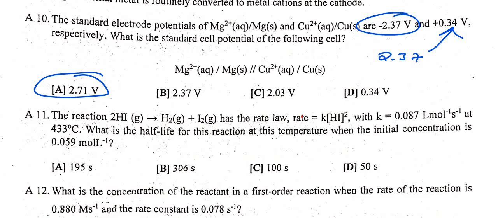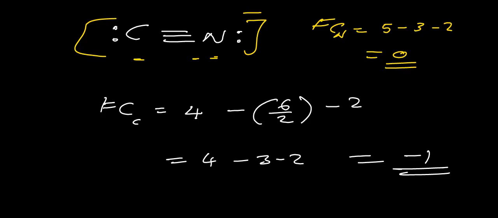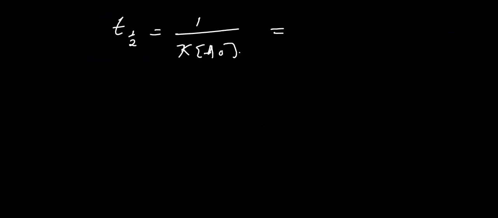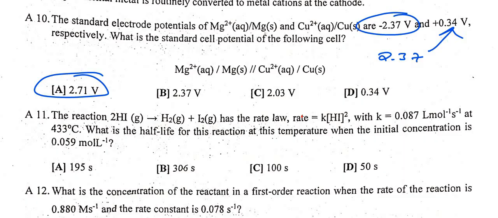What is the half-life of this reaction when the initial concentration is what we have there? So we just do the replacement: 1, the constant 0.087, and our initial concentration, that's 0.059.